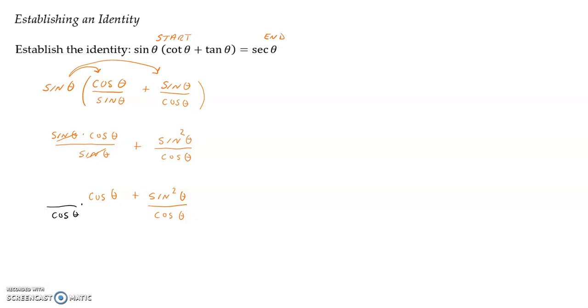And so I'm allowed to multiply this piece by the equivalent of 1. So I'm going to multiply it by cosine of theta over cosine theta. That's going to allow me to get my common denominator here of cosine theta. And on top, I'm going to have cosine squared theta.